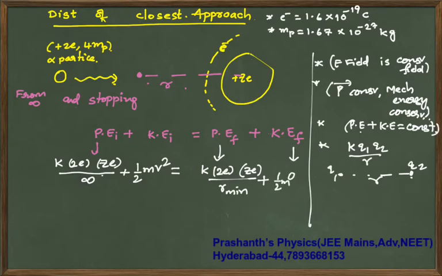Any number by infinity is 0, and because it is stopping, velocity is equal to 0.